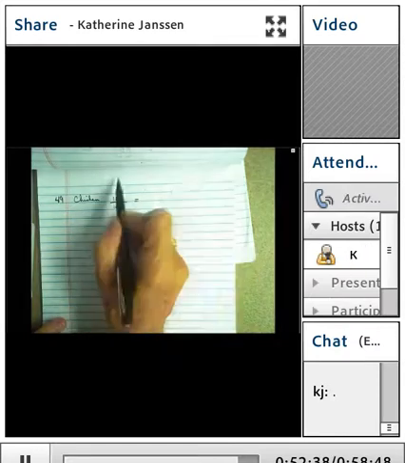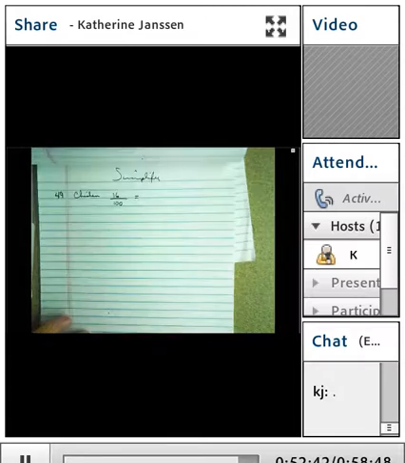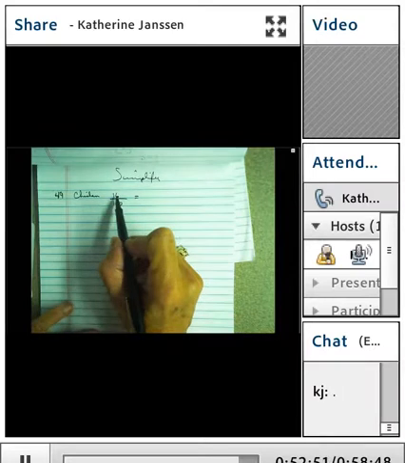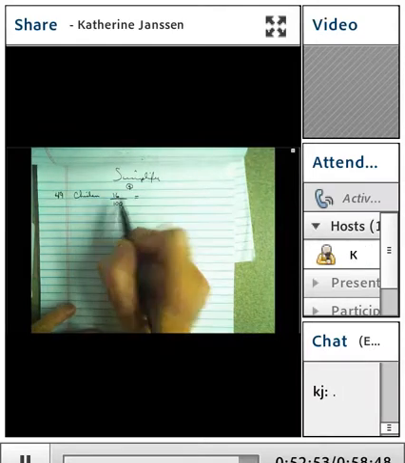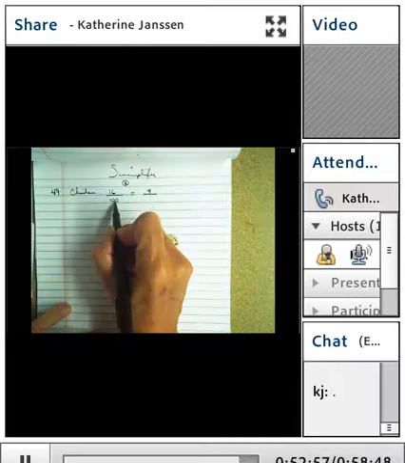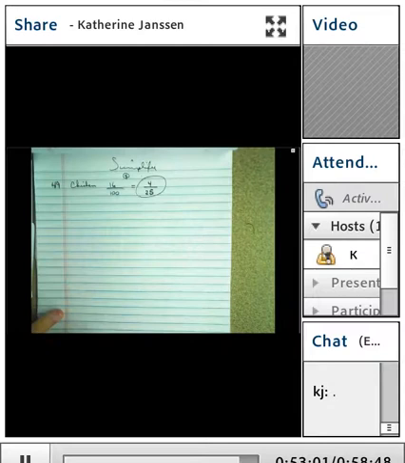And I want to simplify. Well, I see that 2 goes into both, they're even, but I also see that 4 goes into 16, and I know 4 goes into 100 evenly. 4 goes into 16 4 times, and 4 goes into 100 25 times. I simplified the chicken filling.